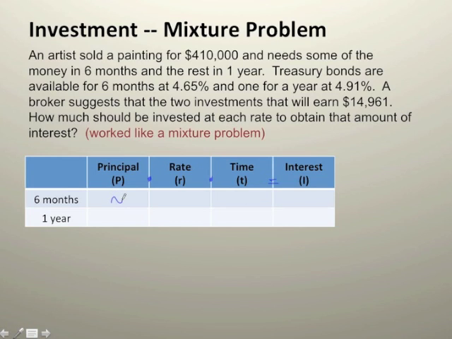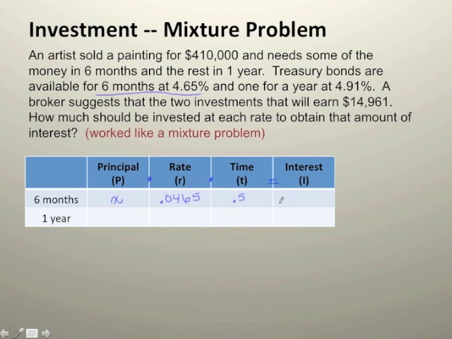So let's call that X. The rate of interest for 6 months is 4 and 65/100%. Now we need to change that to a decimal. So 0.0465. And the time for 6 months is half a year, so our time is 0.5. And those things multiplied together equal the interest.